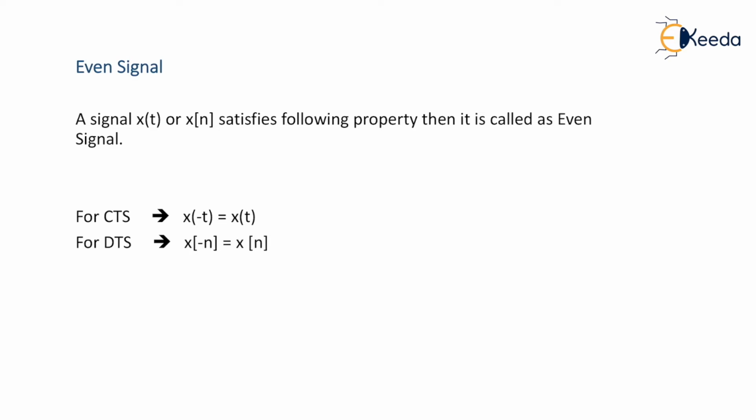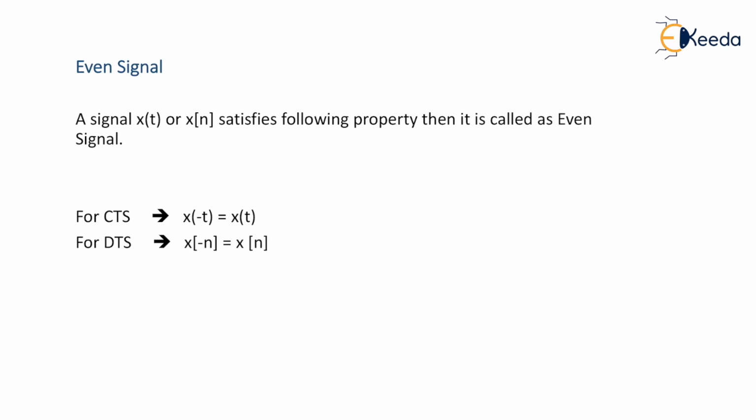A signal x of t or x of n. The definition that I'm giving here is valid for continuous time signals as well as for discrete time signals. So whether it is x of t or x of n, if it satisfies the following property, then the respective signal is called an even signal. For continuous time signal, it is written x of minus t equal to x of t.